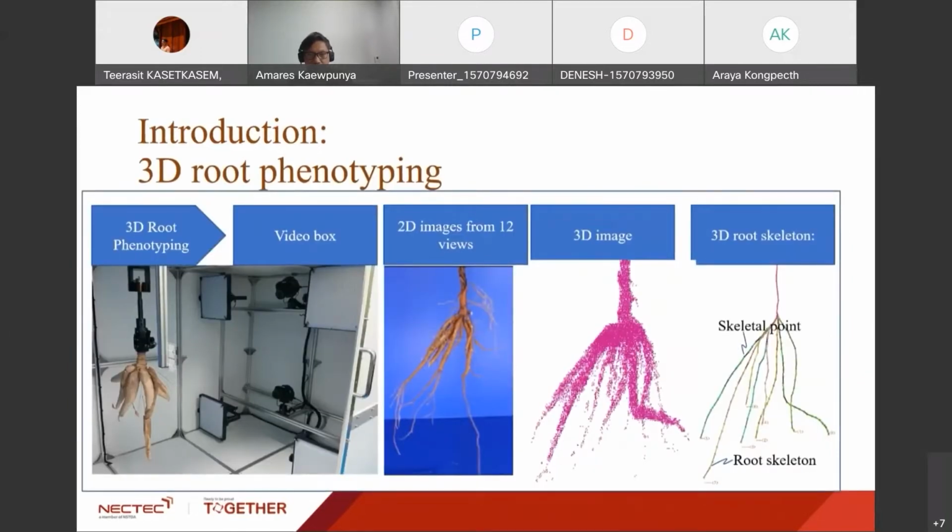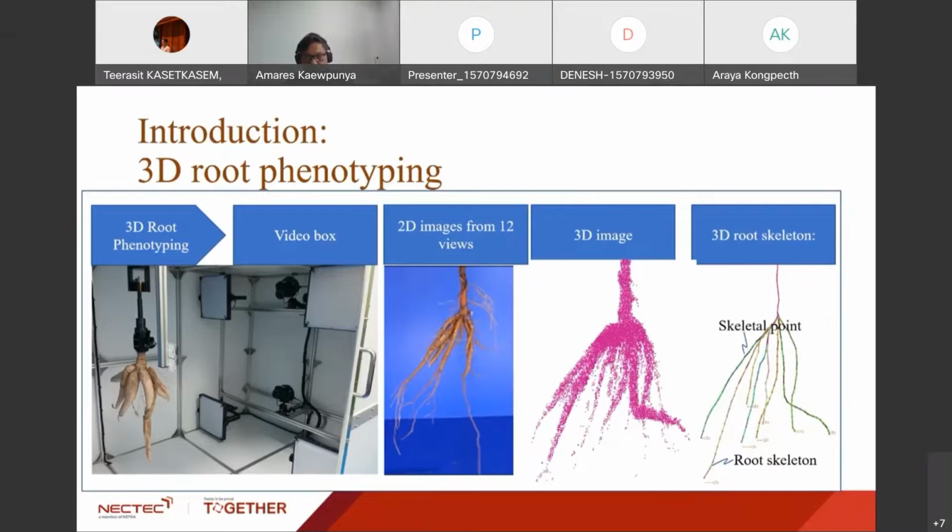The workflow of our system for measuring morphology of cassava root using 3-dimensional images begins with a video recording of a cassava root made to rotate 360 degrees. 12 images from 12 angles were extracted from the video and were used to reconstruct a volumetric 3D image with the voxel carving technique.